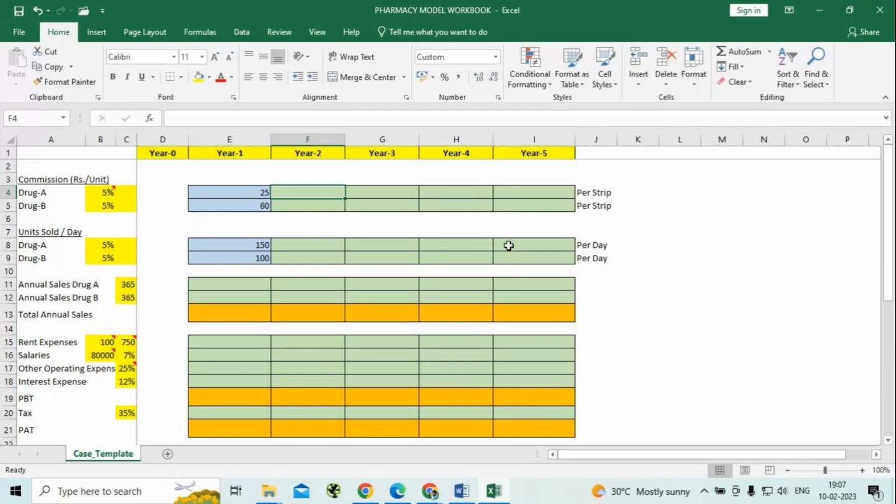Please try this. Can anyone let me know how you can increase the value from year 1 to year 2, and for the rest of the years, based on the previous year's value with certain percentages?